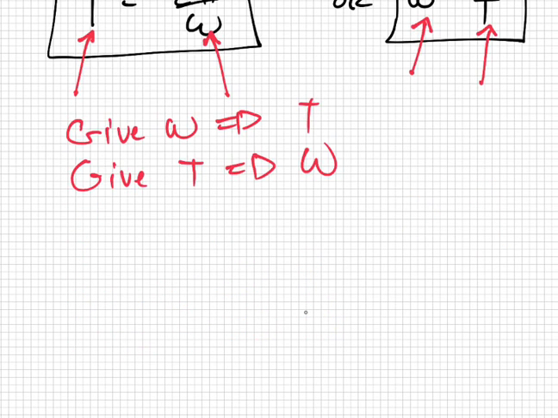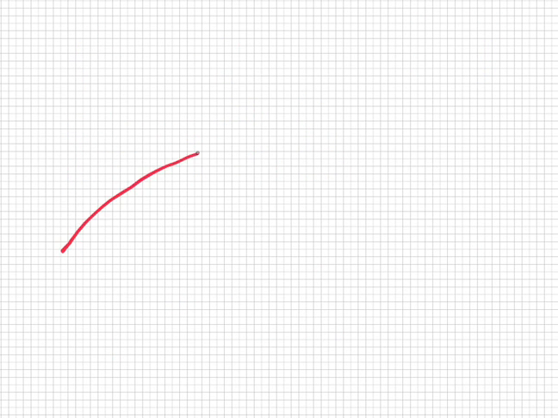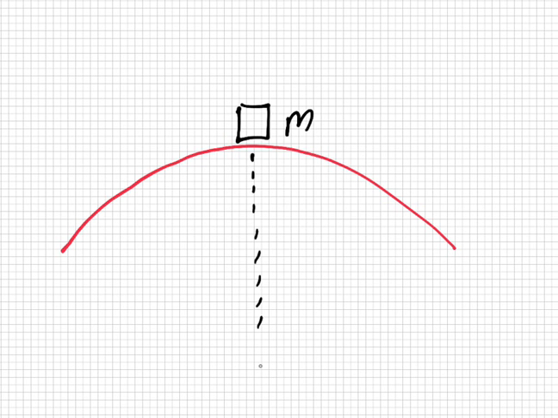Next example. Here is mass m, and it's on the Earth, and the Earth has radius, the Earth has mass of 5.98 times 10 to the 24 kilograms.